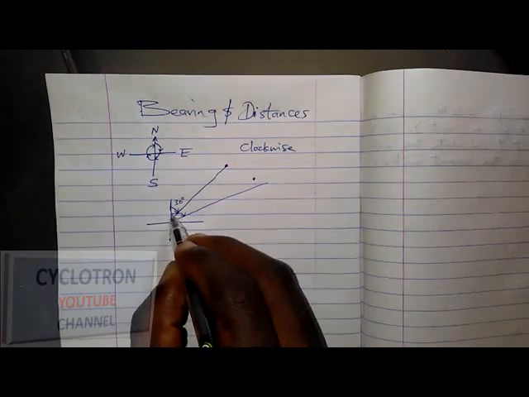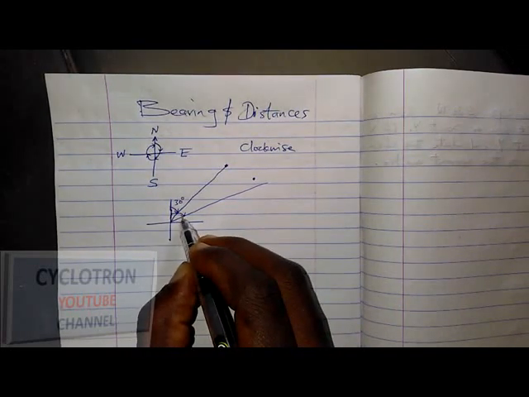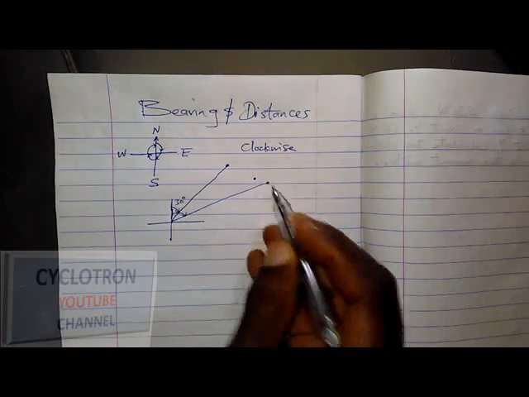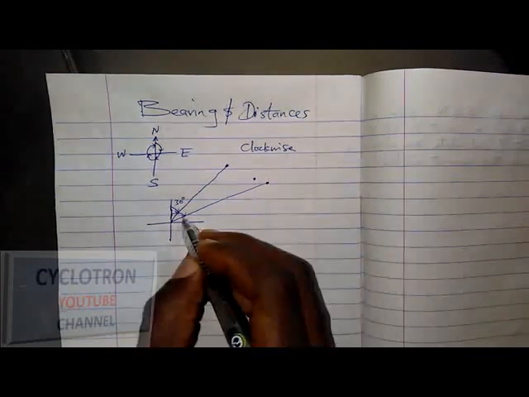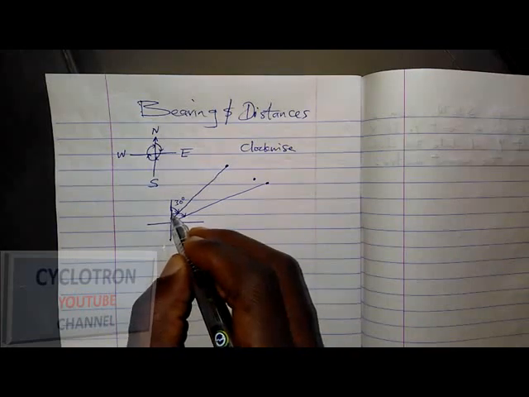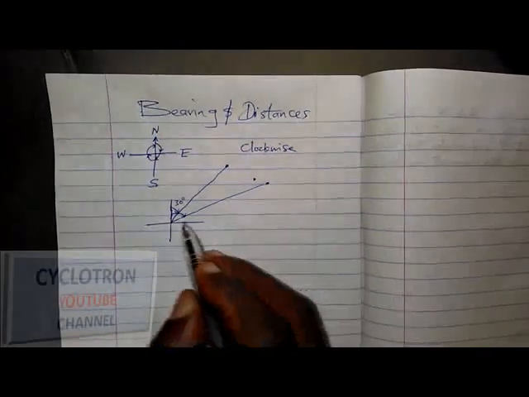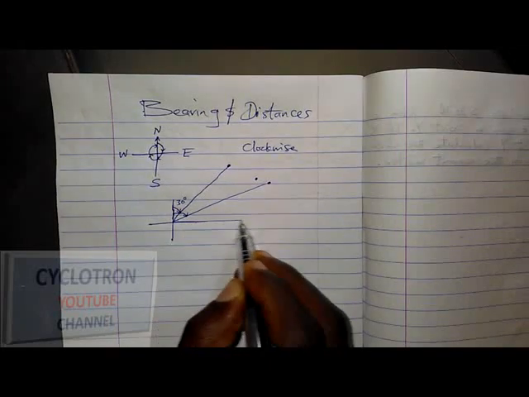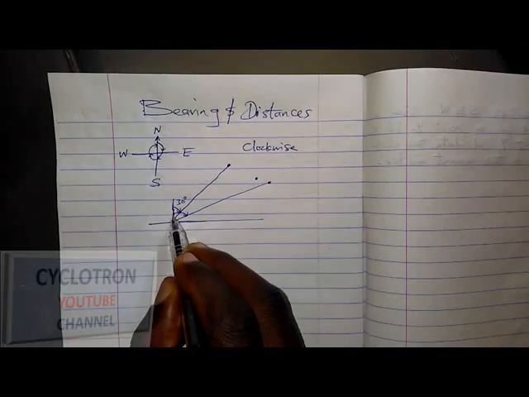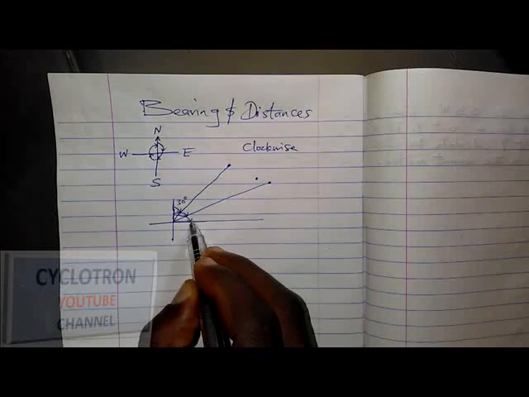Then that angle from the 0 to this line, the part of that object will be from here to here, 60 degrees. If it is 90 degrees, then it will be here, and the bearing is 90 degrees.